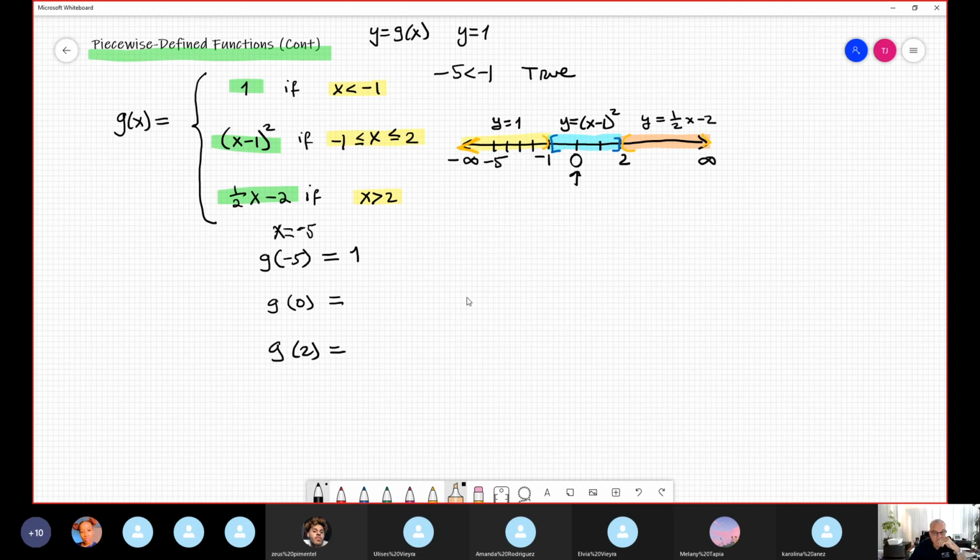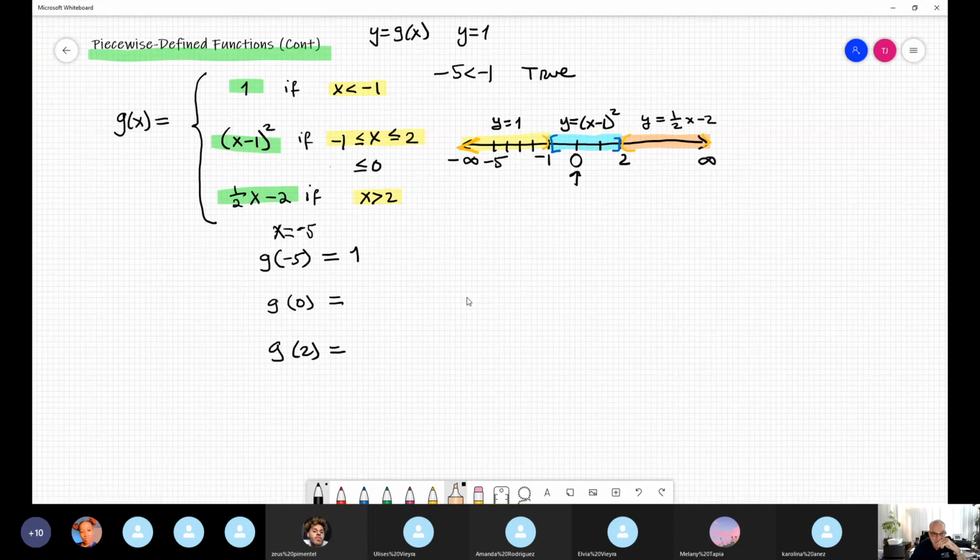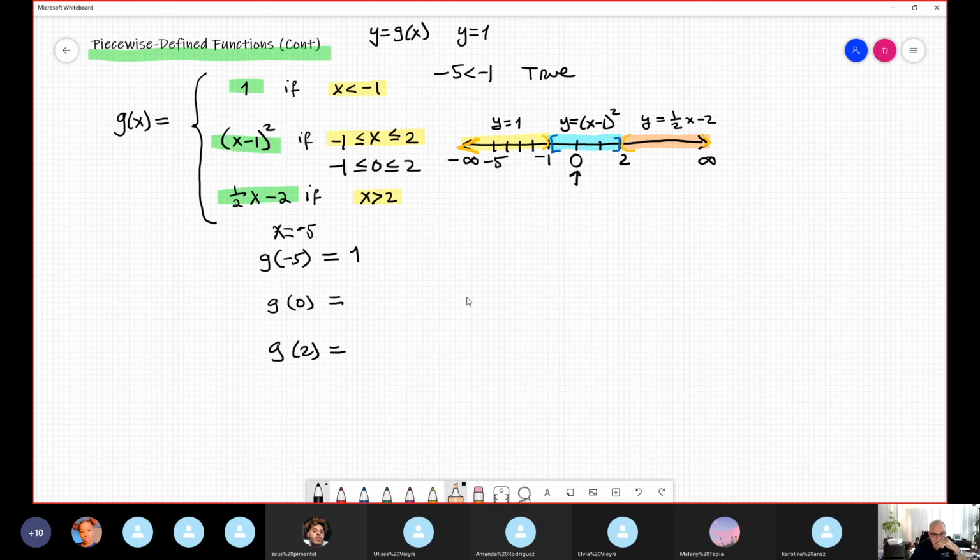And the 0, well, 0 you evaluate here. 0 is greater than -1 and less than or equal to 2. Again, it's a true statement. Now 0 belongs to the blue interval, and you select the expression that corresponds with this interval, you copy it like that, and you evaluate at x equals 0, which is the value that I need to investigate.